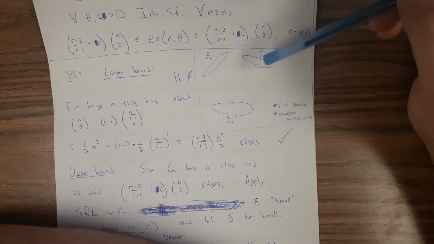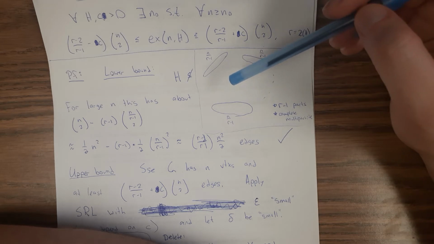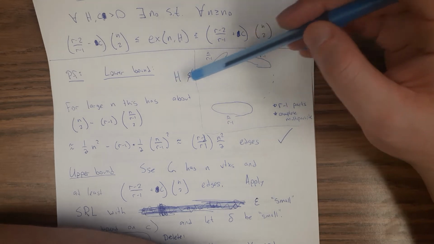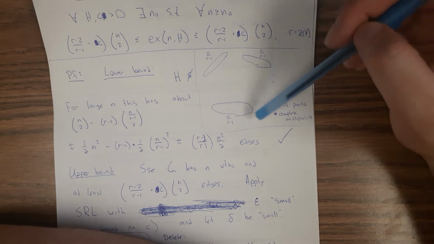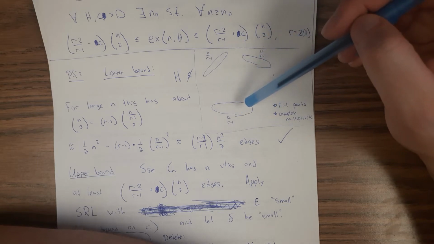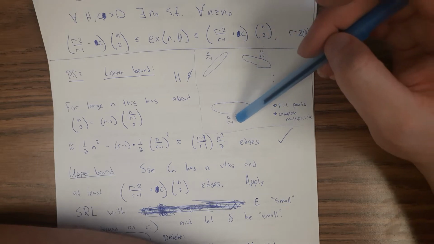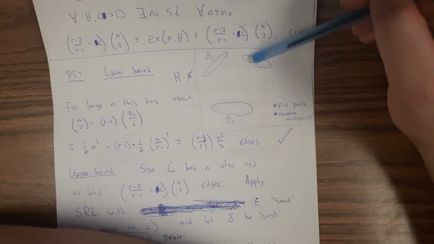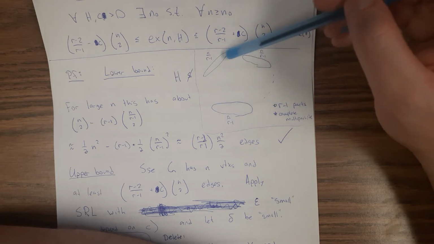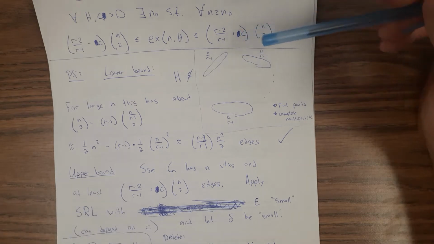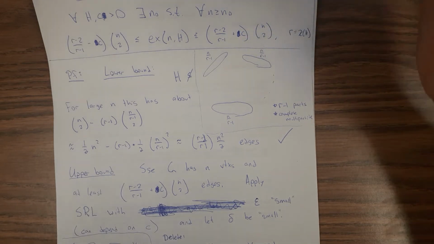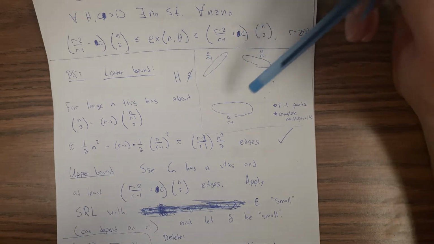But H has chromatic number r. A subgraph can't have a larger chromatic number than the graph that it lives in. If H were a subgraph of this, and this is an (r minus 1)-chromatic graph, then the chromatic number of H would be at most r minus 1, but it's not. So H is not a subgraph of this.